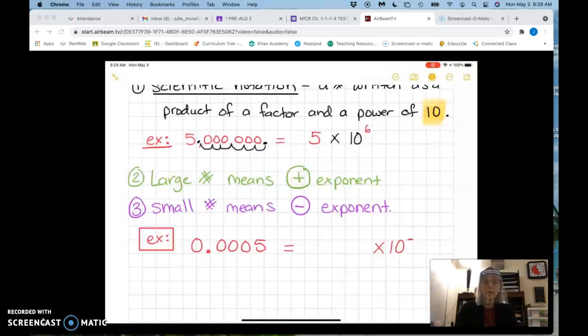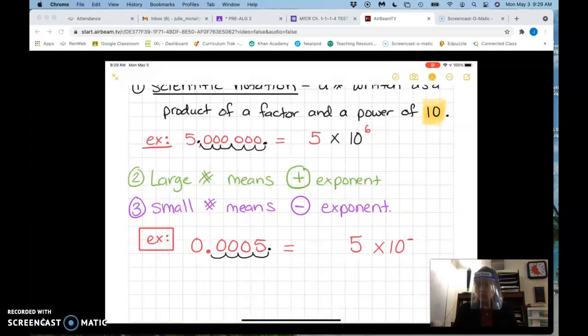Now, again, our goal is to make a number between 1 and 10. So the number that I can make between 1 and 10 is going to be a 5. But this time, in order to make 5, I have to move my decimal in this direction. 1, 2, 3, 4 times.